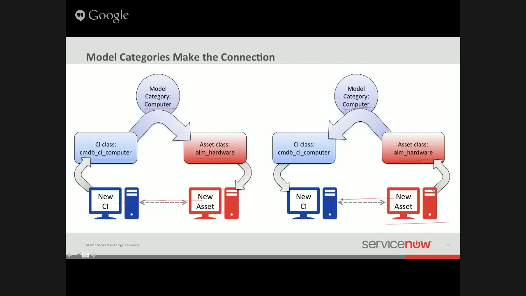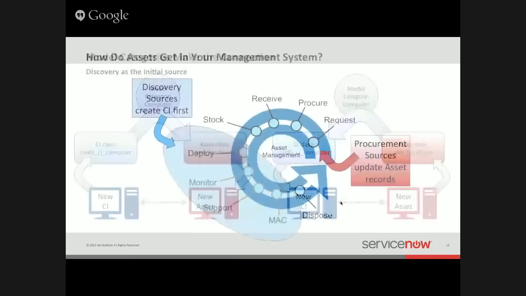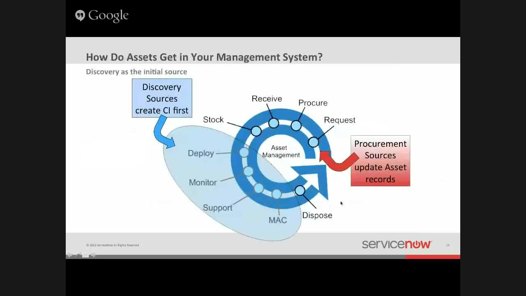What does that mean from an overall process perspective? Well, let's take a look at that asset lifecycle again. Many companies, when they first start out doing asset management, are going to start by looking at Discovery as an initial source for generating those asset records. But we're not going to create those asset records directly, because the types of information that Discovery discovers are really operational details.